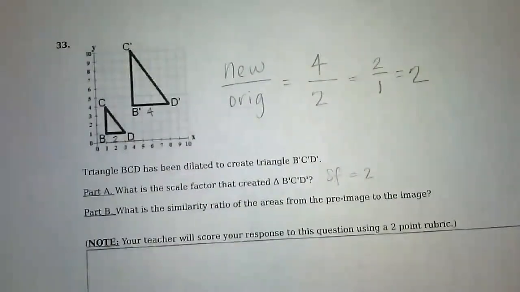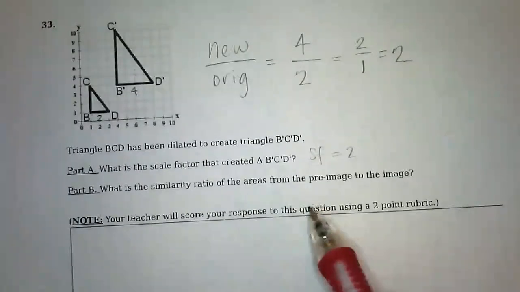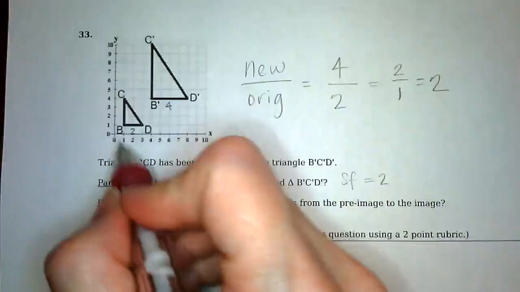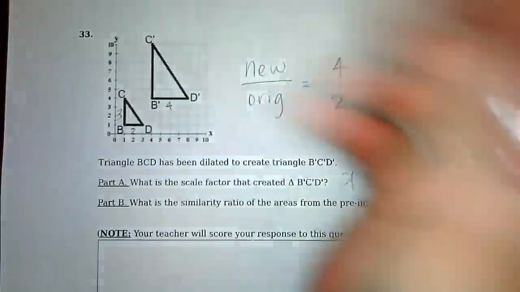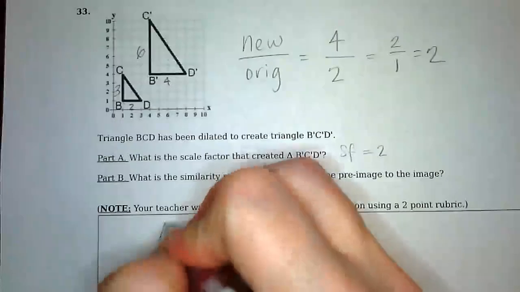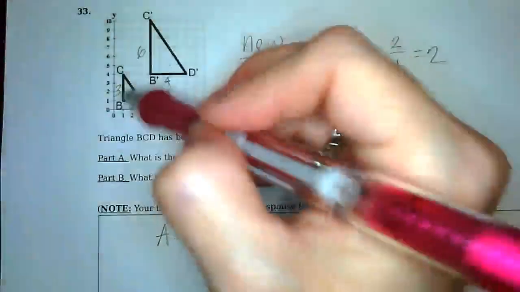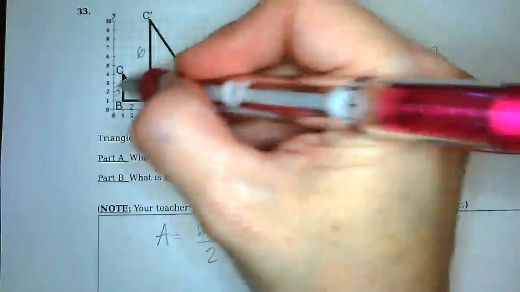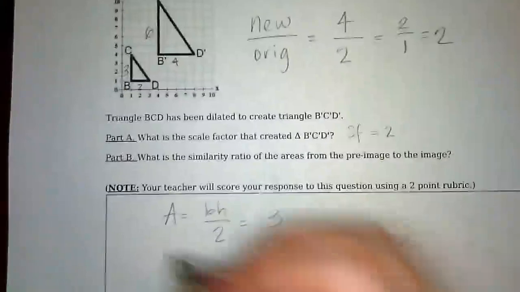All right. So what is the similarity ratio of the areas? If you don't know this one, which does make sense, and I'll explain it in a second, we can just go through and find the area. The area of a triangle is base times height divided by 2. For this triangle, 3 times 2 divided by 2, the small one is 3.